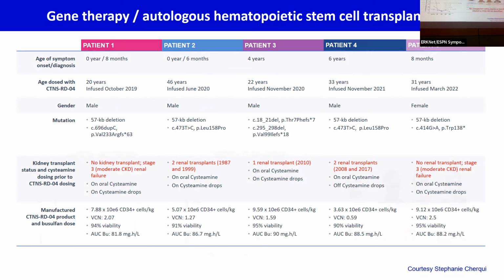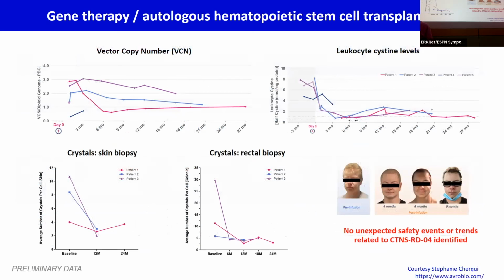I'll just simply show this slide that Stéphanie allowed me to show, showing that for the most part, the vector copy number was satisfactory, and that cystine levels decreased. And there are now some very initial results showing that cystine crystal depositions seem to be reduced in these patients, but these are very, very preliminary data.